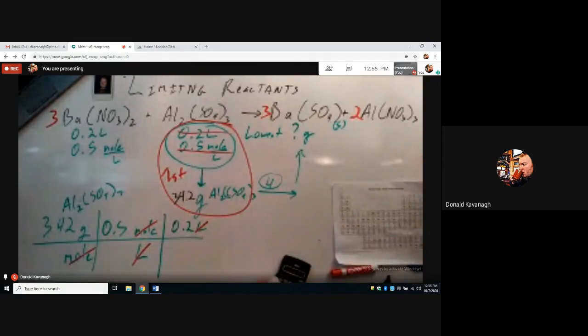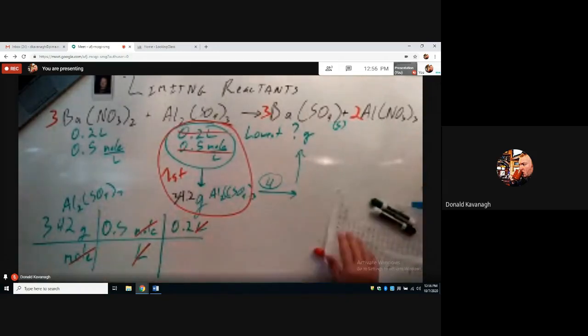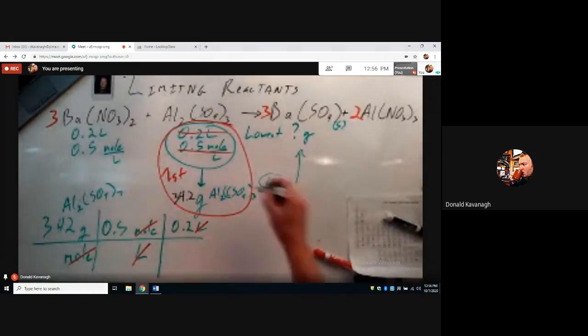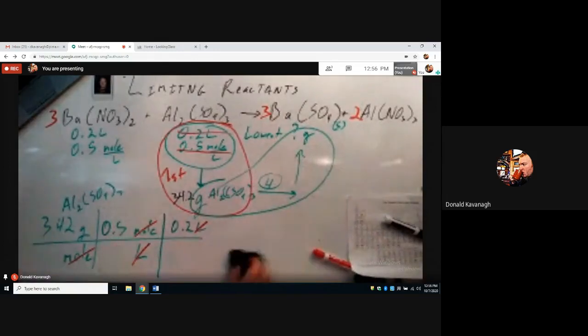So in that solution, there are 34.2 grams of aluminum sulfate. Now I'm going to do this second step, getting grams of aluminum sulfate to grams of sandwiches. I'm going to erase the board here.